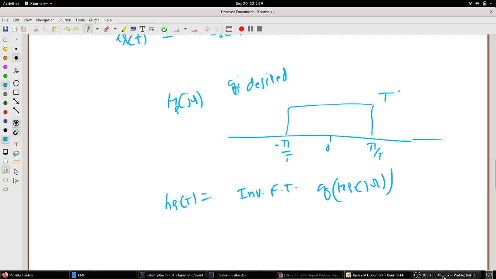Yes, the inverse Fourier transform of H_r(jω). Clear?